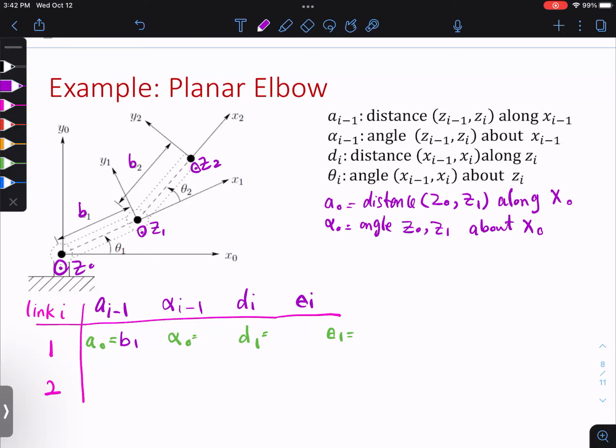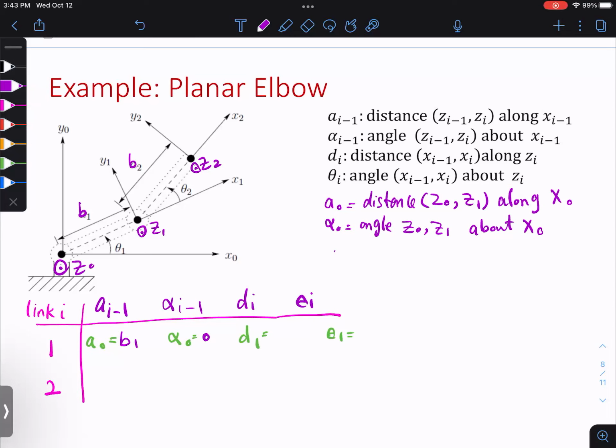What's the angle between these two? They are parallel. What's the angle they make with each other? 0, right? If they are coinciding or parallel, there's no angle between them. If it was like that, then you had an angle in between. Then you have to find what X0 is and measure the angle about the X0 axis. So right now it's 0. They're parallel, there's no angle between them. So this would be 0.